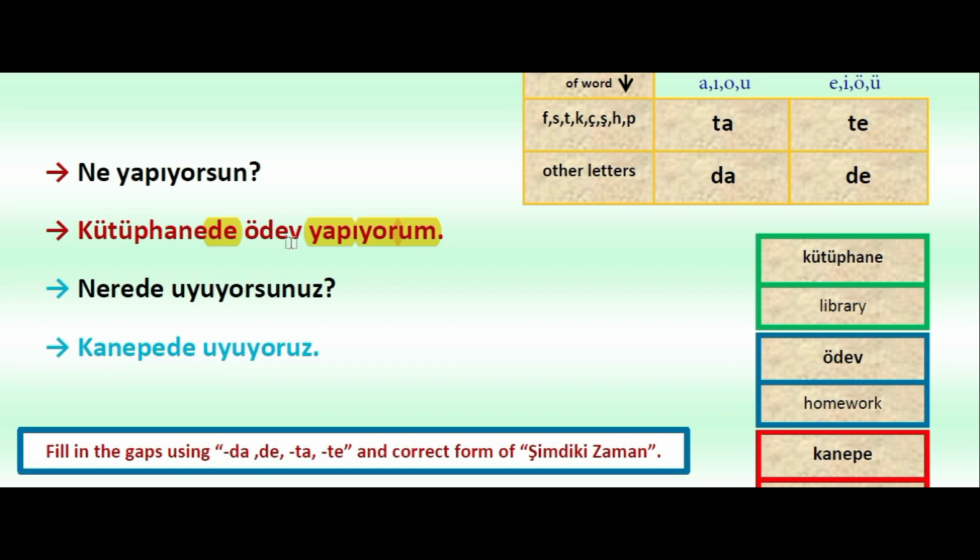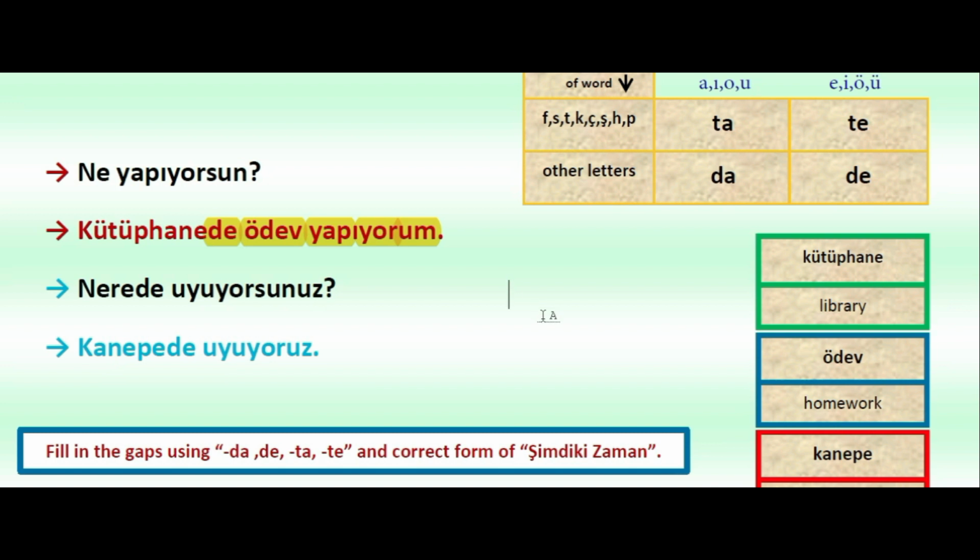Yapıyorum. I am doing what? Ödev yapıyorum. I am doing homework. And where am I doing homework? In the library. Kütüphanede. Kütüphane is library. So, "Kütüphanede ödev yapıyorum."